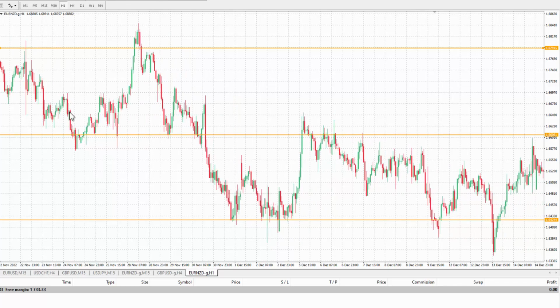The price was going down and it bounced off this zone, came back down, and then finally it broke through the support. When it broke through the support, it found another support level, which was over here. And then when it went back up, the previous support was a resistance.